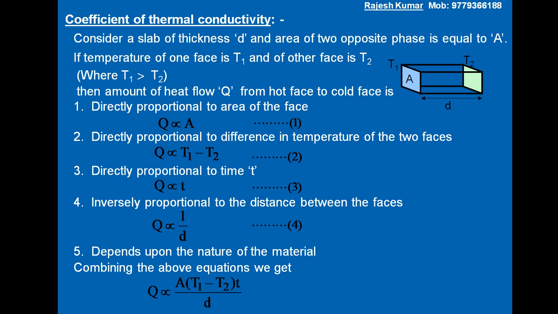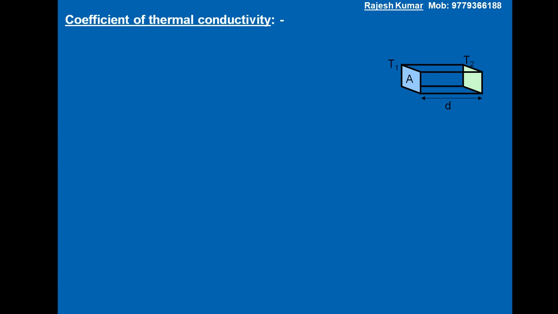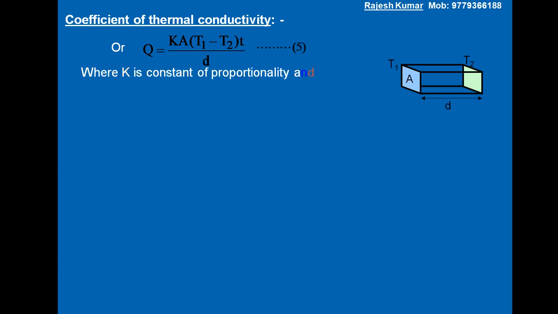Now, to remove the proportionality sign, we will use a constant of proportionality, or Q is equal to K A (T1 minus T2) t upon d. Let it be equation number 5, where capital K is the constant of proportionality and is called the coefficient of thermal conductivity.